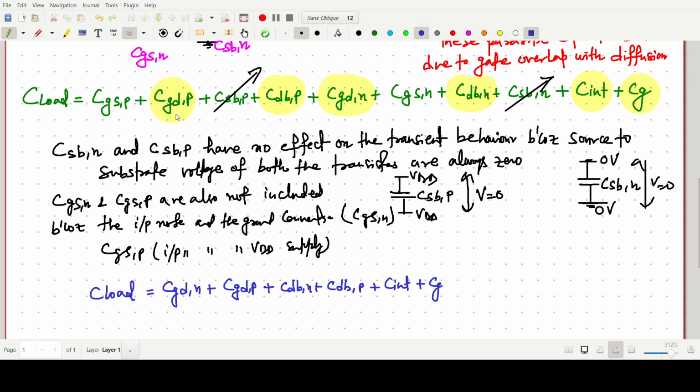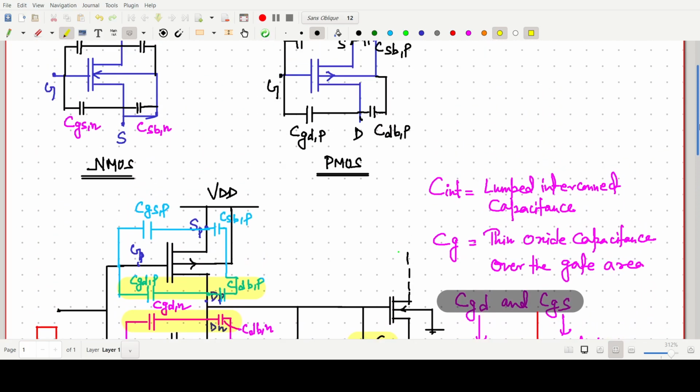Means CGDN, CGDP, CDBN, CDBP plus C int plus CG. So these are the capacitances which contribute a lot during the transient analysis.